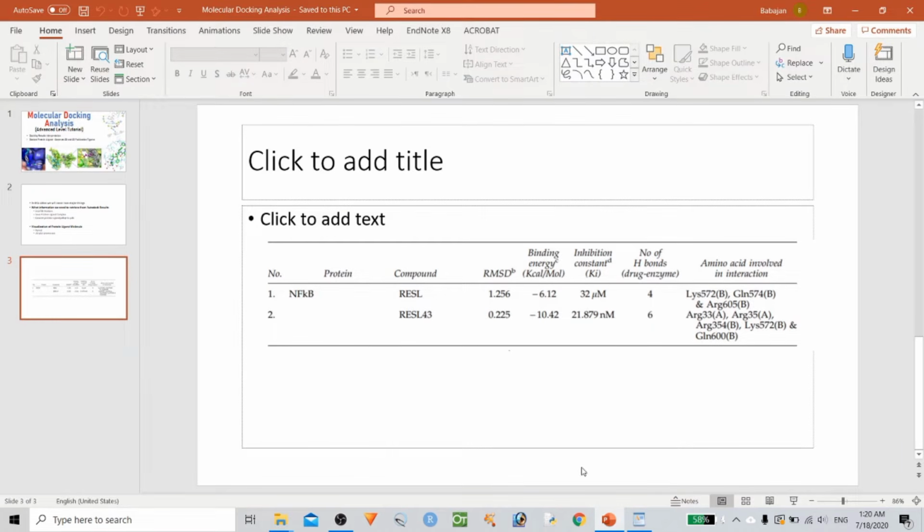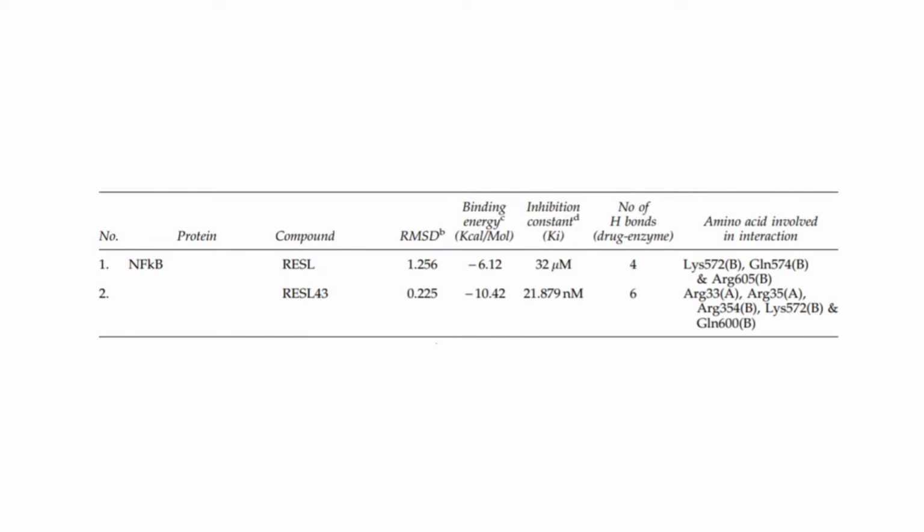So these are the three major things I'm going to consider from this table. The number of hydrogen bonds and also the amino acid interactions we are going to see in the visualization part. Apart from the various scores in the docking file, the visualization of receptor ligand geometries and their interaction will give us a better understanding in the drug development procedure.